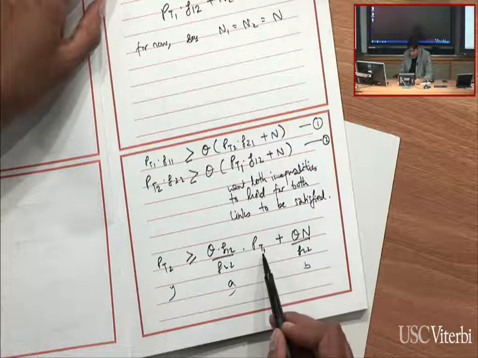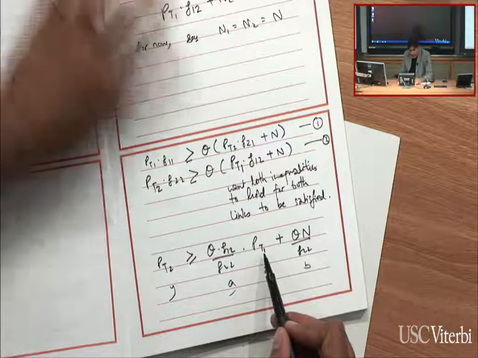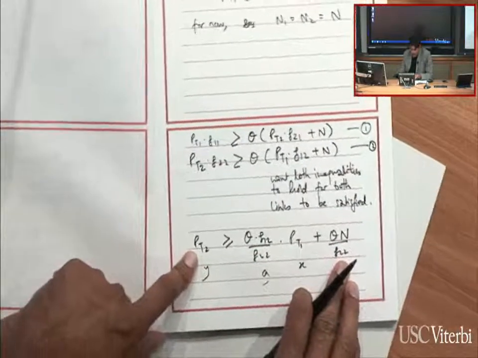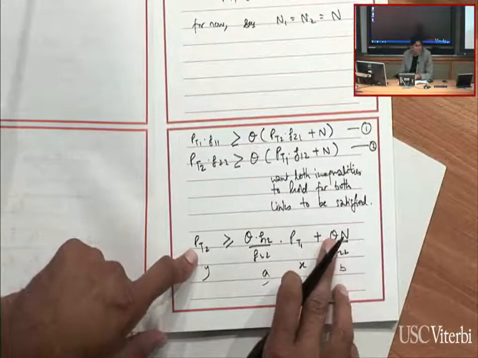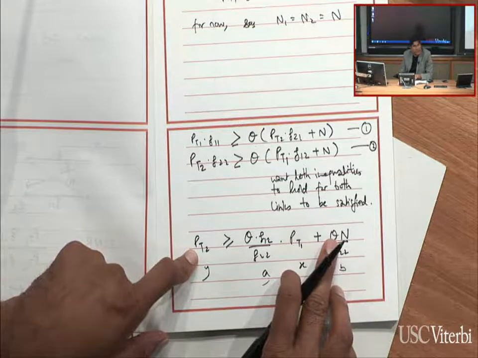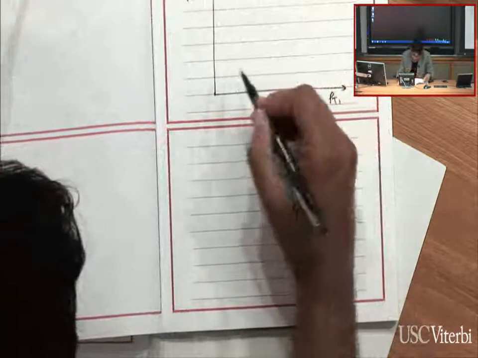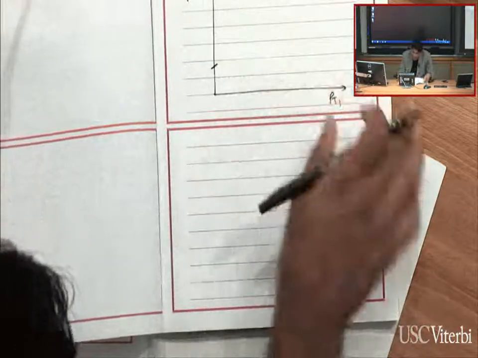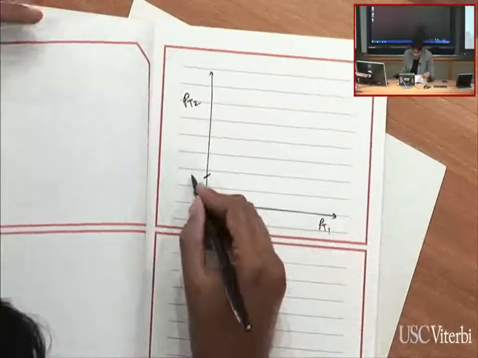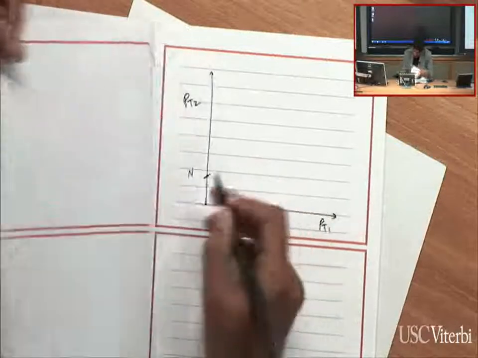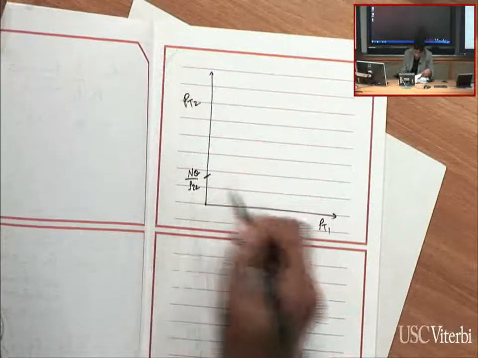And when the transmit power for the first one is 0, then we just need the transmit power for 2 to be bigger than theta n over G22, right? Which, if you think about that for a second, just says that the SNR needs to be above the threshold. So this is the threshold. So if there's no other interferer, you just need it to be above theta n over G22.